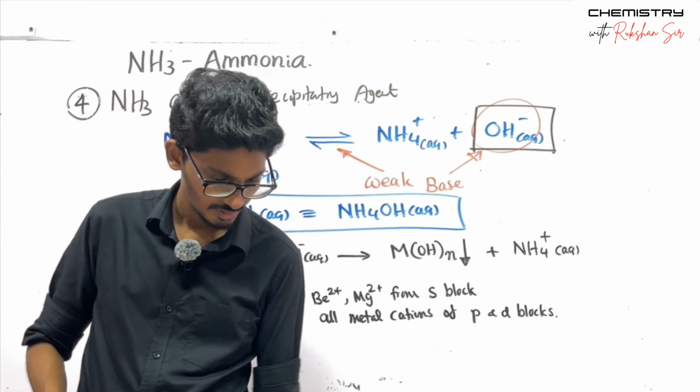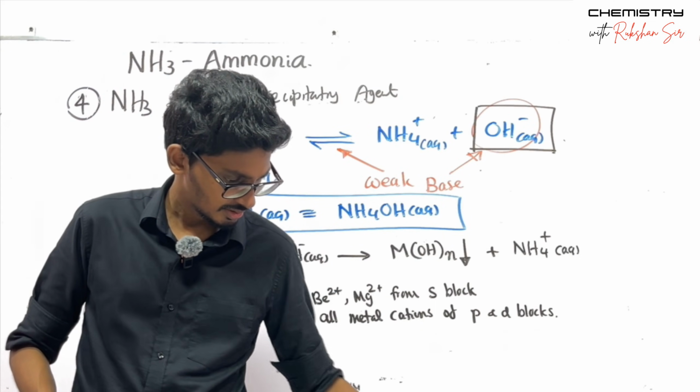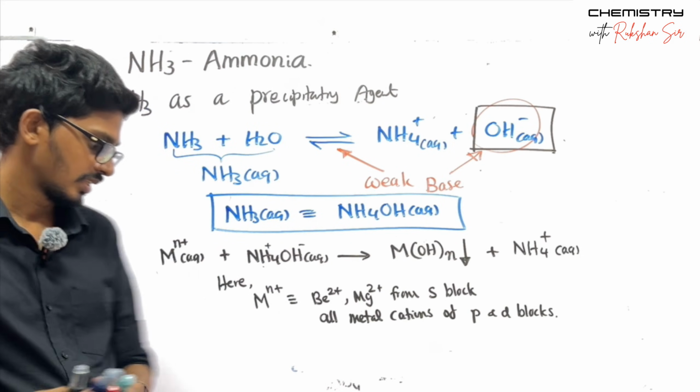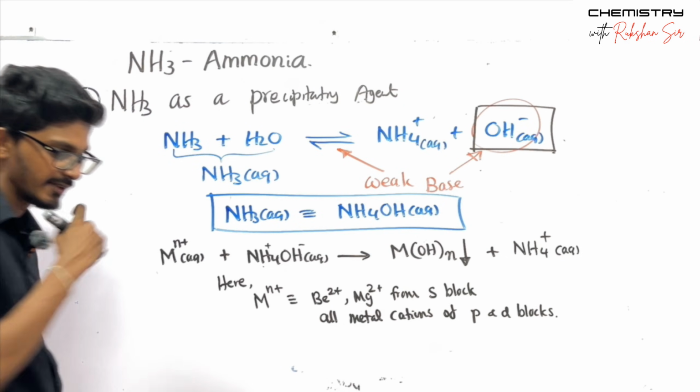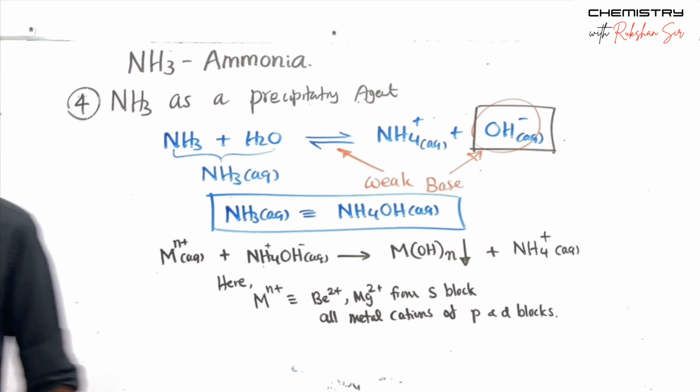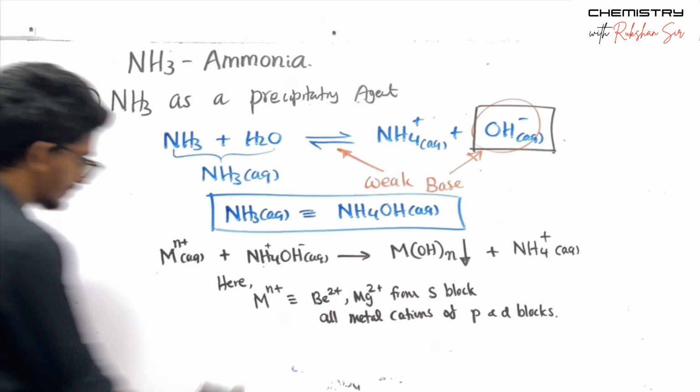So see, right? Magnesium 2 plus with NH3, magnesium hydroxide. Aluminum 3 plus with NH3, aluminum hydroxide. Those things are there, right? Let's see.